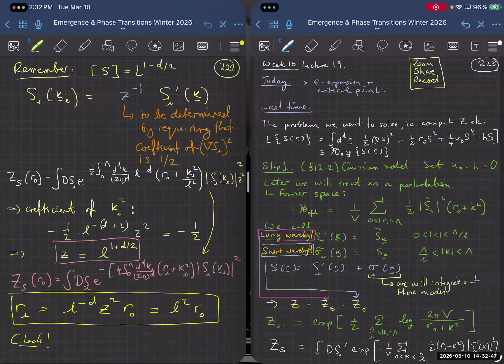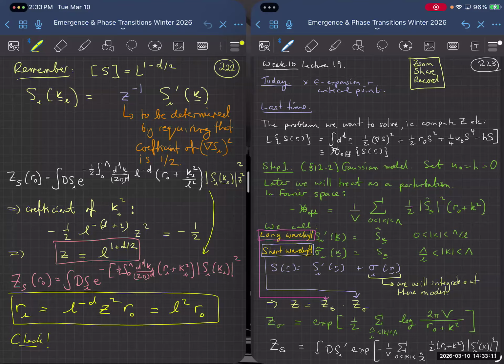Okay, so let's go back to what we want to solve. Looking at the right-hand panel, the problem we're trying to solve is the effective Hamiltonian for the quartic Landau free energy. Step one, in section 12.2 of my book, is the Gaussian model.